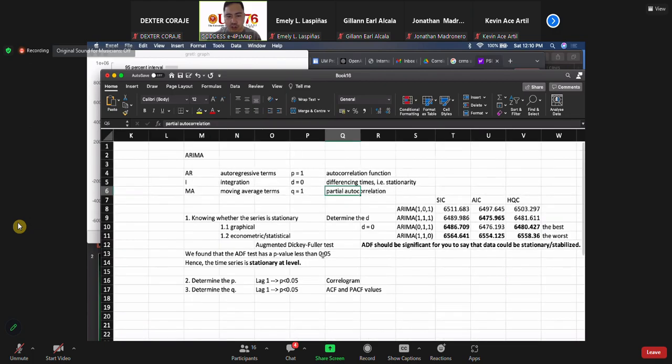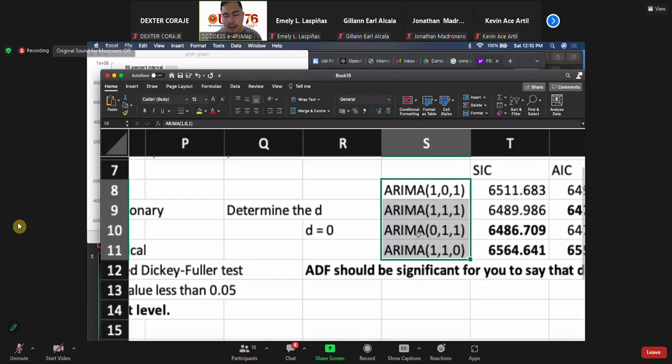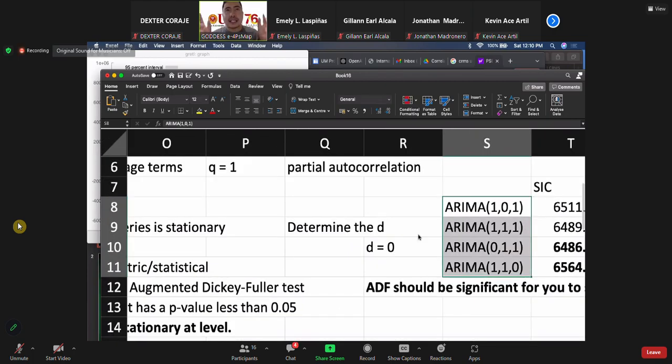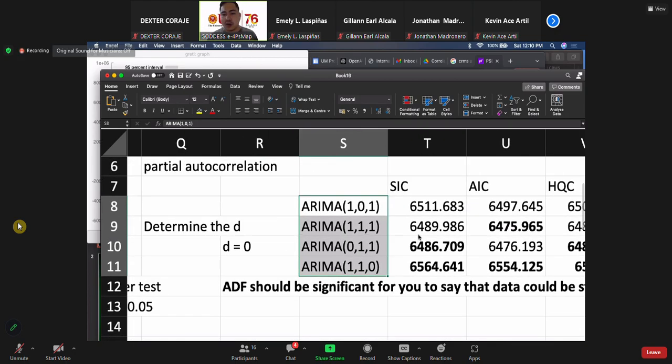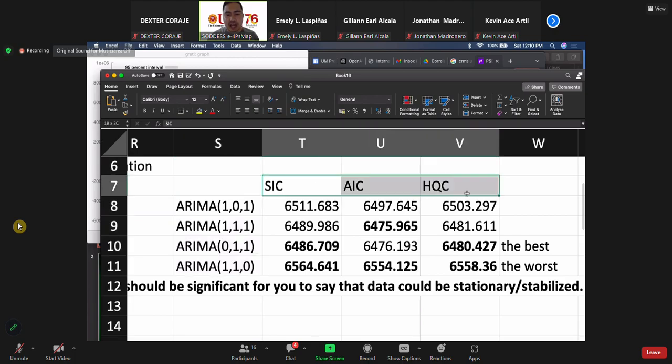The autocorrelation and the partial autocorrelation function. Now, when you determine the specific ARIMA that would best explain your prediction, don't forget to do some scenario building as well. That means you can interchange and establish possibilities: autoregressive, moving average, both autoregressive and moving average, without differencing, with differencing, so that you can get the optimal values of SIC, AIC, and HQC.